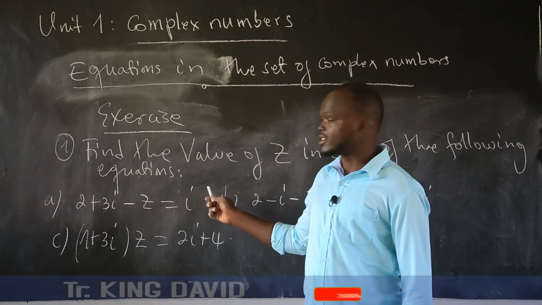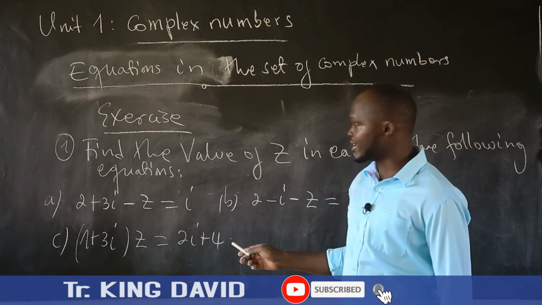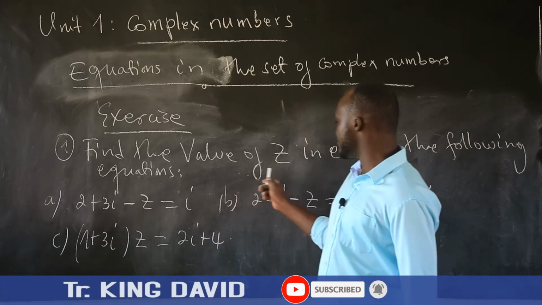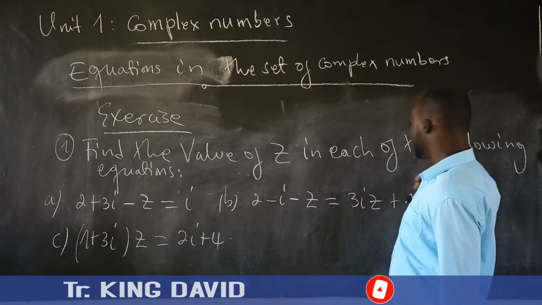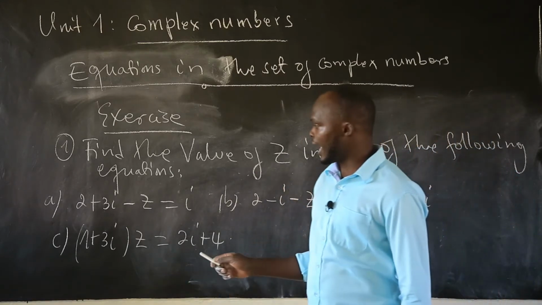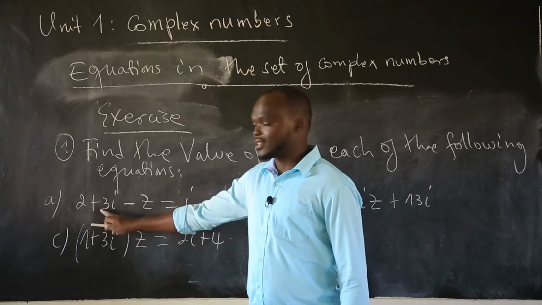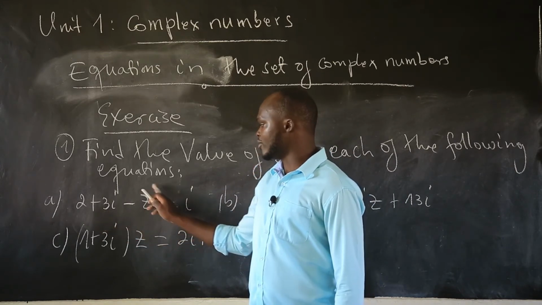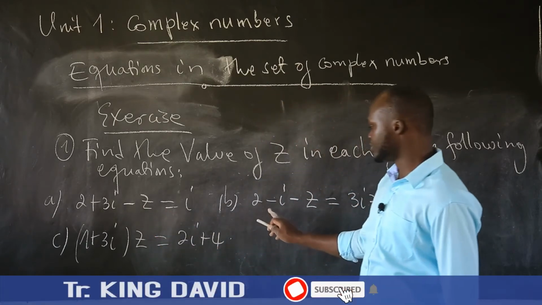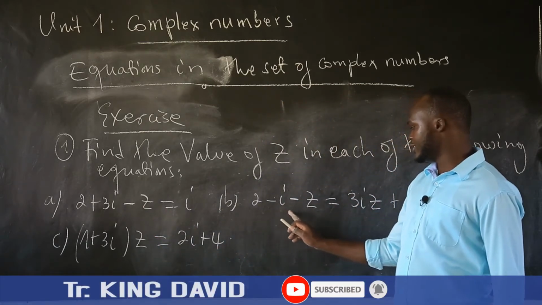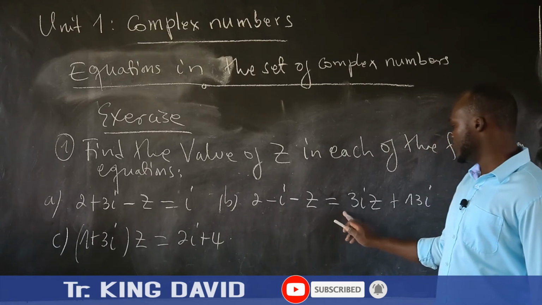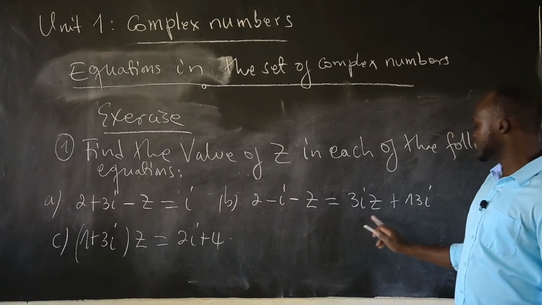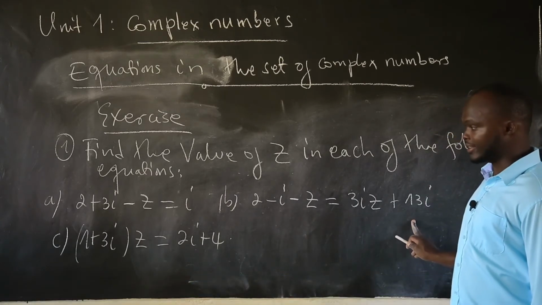about linear equations. Number 1 is saying, find the value of z in each of the following equations. A, 2 plus 3i minus z equal to i. So you have to find the value of z. B, 2 minus i minus z equal to 3iz plus 13i.